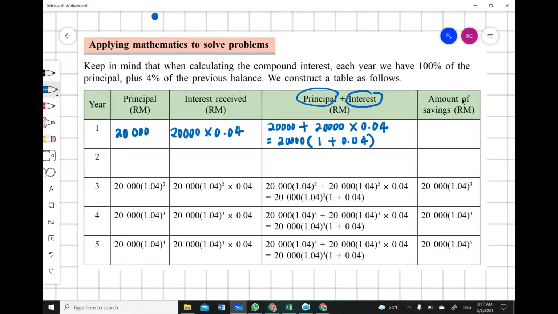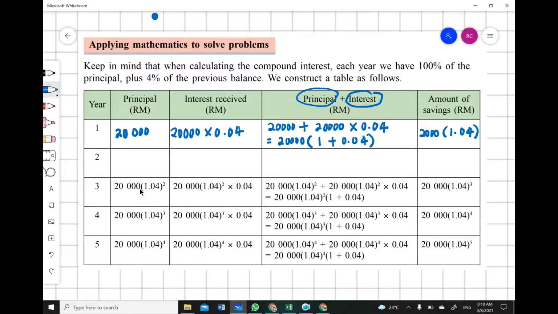So the amount of savings that you have will be 20,000, you copy down, and then this part 1 plus 0.04 will be in brackets, 1.04. That is how you get the first one. Okay, so this is the amount of savings at the end of the first year. Then you continue, copy this down and put it in front as the principal because your money already increased.